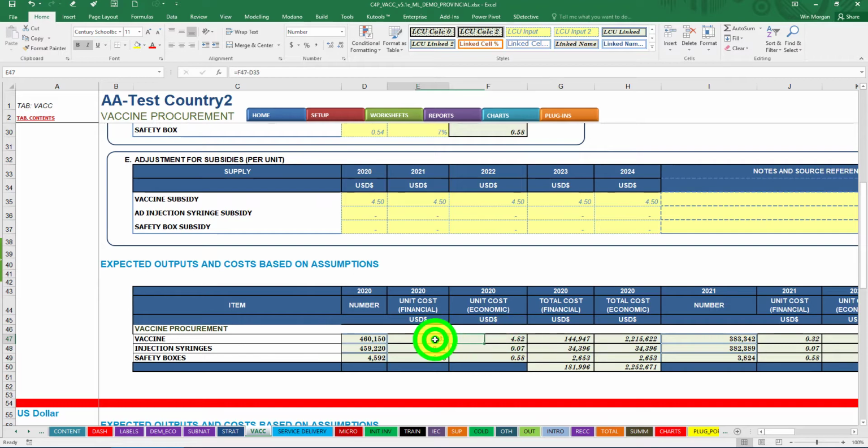So the financial cost will be what you're paying out of pocket in cash to get things out of the port. In this case, since there's no donations with the injection syringes and safety boxes, as you can see, there's no subsidies here. It's going to be that full cost here.